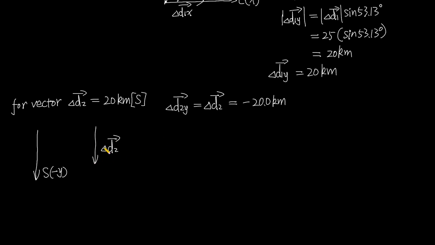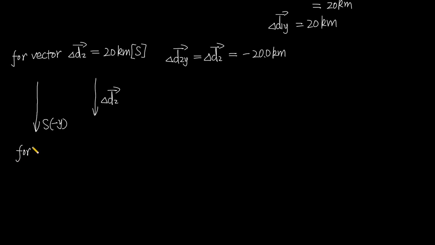And similarly, for vector delta d3 equals 15 kilometers direction west. I draw the graph. So this is west direction and also negative x direction.